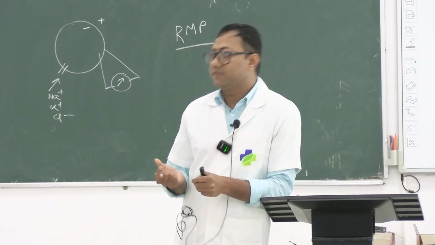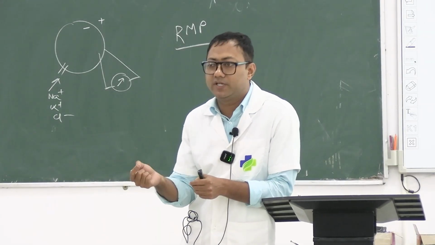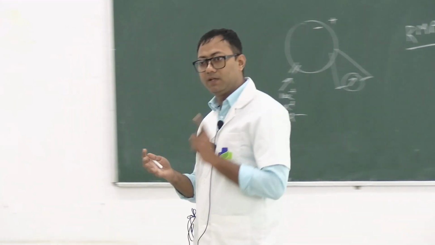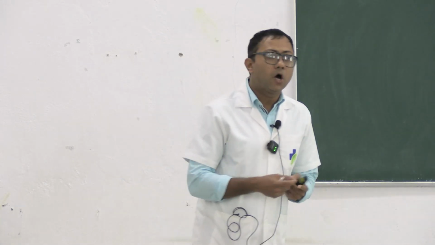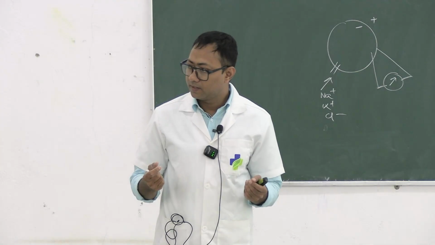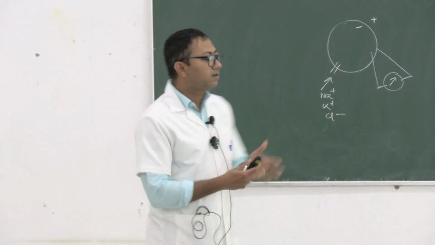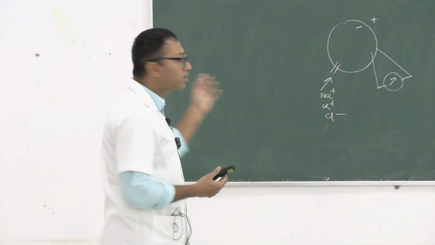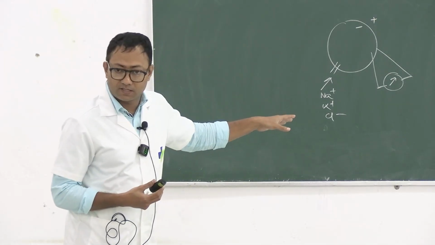Now with the help of these channels, by applying external current or external stimulation, that stimulation may be electricity, thermal stimulation, a chemical, or simply some mechanical stimulation like stretch, you can open or close those channels.